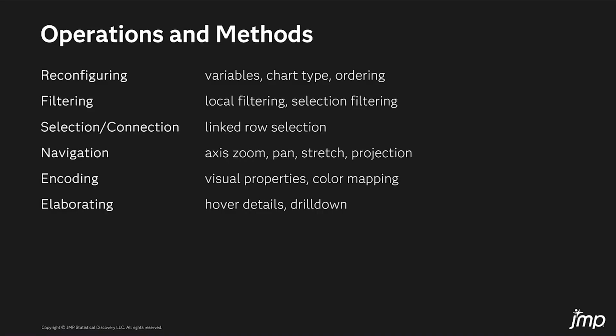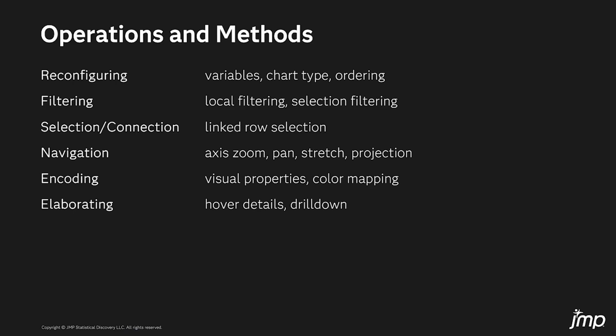categories of interactions. The values on the left are the operations from the Ward book, and on the right I've got some of the more specific interactions that I showed, and so I've tried to categorize them a little bit. The reconfiguring, I sort of expanded to be configuring and reconfiguring, so it's the chart creation, and so changing variables, changing chart types, changing ordering.